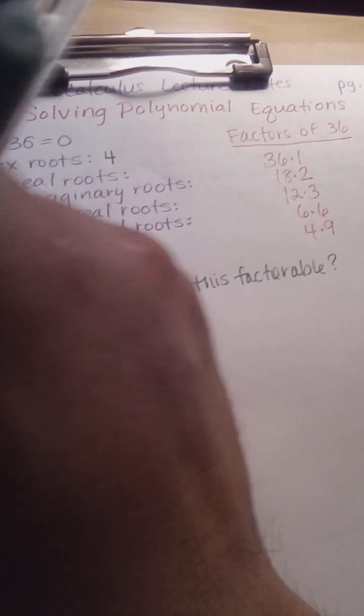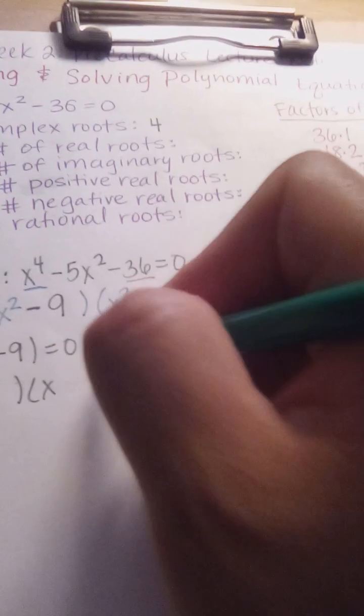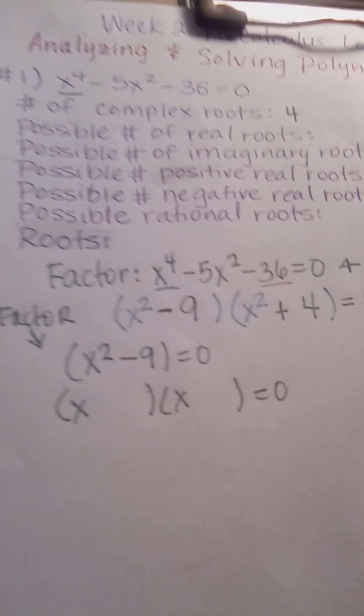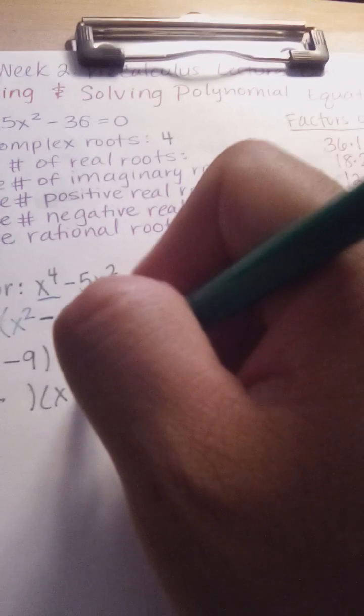Okay, so we're going to factor out. I'm going to write this down. Factor. Okay. We know it's going to be 2 parts, like the last time. All right, so far so good. We're going to have a minus and a plus.